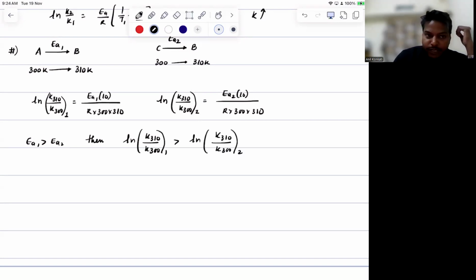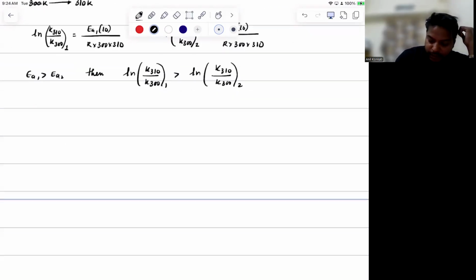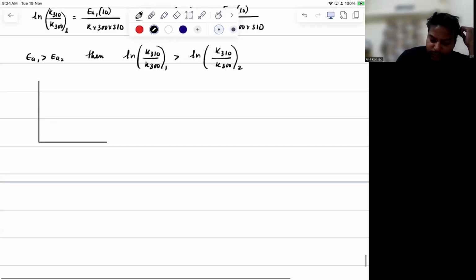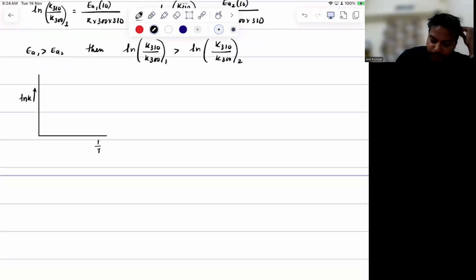Now, why this is important is that this was asked as a graph, I think in the 2018 JEE Advanced question: ln K versus 1 by T. There were two graphs given like this. One is a graph this way, the other one is a graph this way. So this is 1 and this is 2.